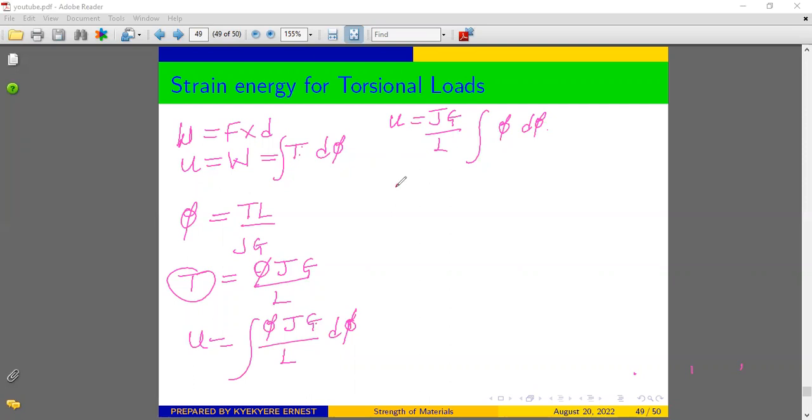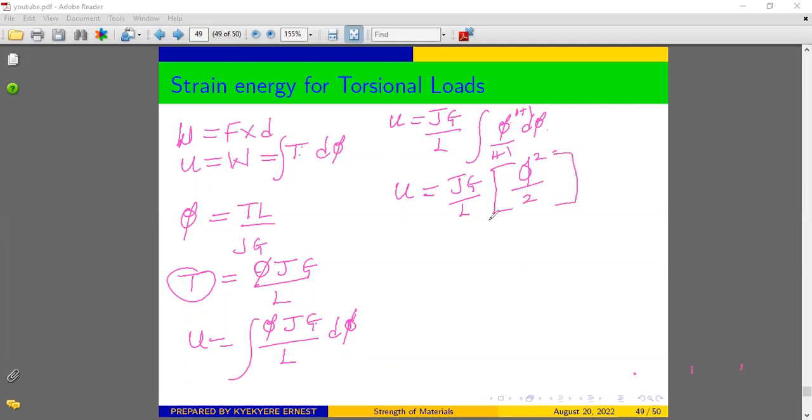So from here, when we integrate phi, which is raised to the power 1, to integrate, you add 1 to the power over 1 plus 1. So everything there will give us JG over L times phi raised to the power 2 over 2.